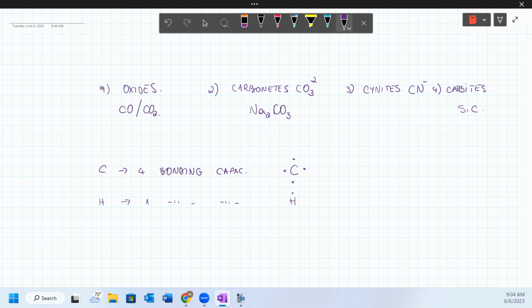Even the elements in group 17 of your periodic table, elements like fluorine, chlorine, bromine, iodine, and so on, have 1 bonding capacity.